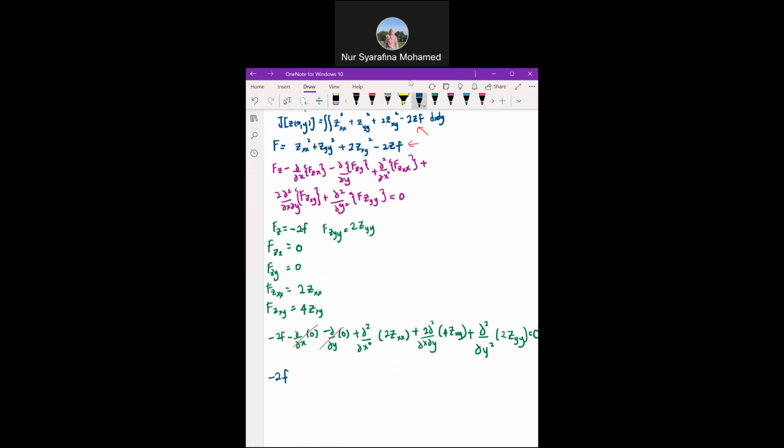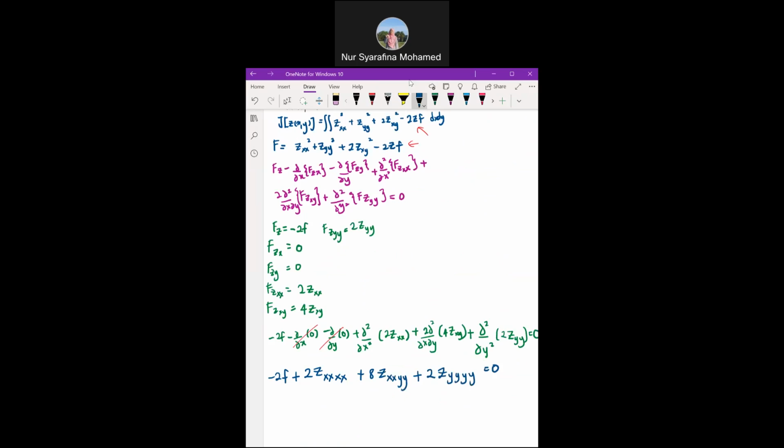And then here we have z double x, and we differentiate it again twice with respect to x, so we have 2zxxxx, plus 4 times 2, 8zxxyy, and then we have 2z double y, differentiated with respect to y twice, so 2zyyyy, equals 0.